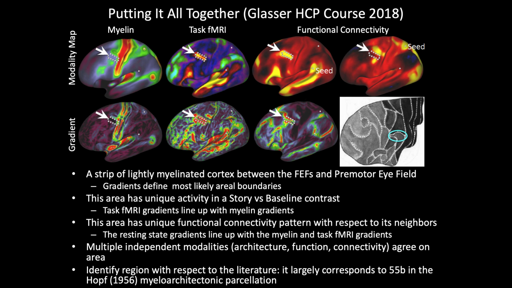So what's really nice is now you've got all of these different modalities that help you better identify or refine where your activation is for your task or your connectivity measures, because you're taking advantage of all of the different modes that you've collected.